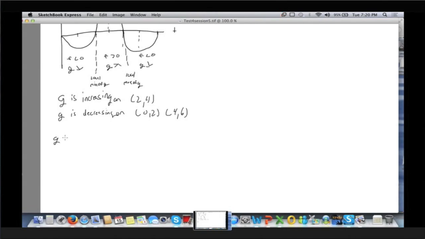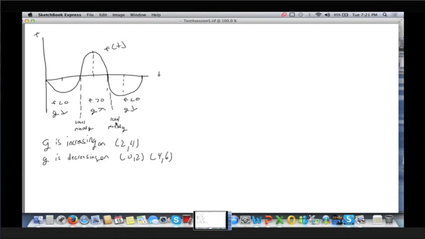Let's try to do the whole thing without scrolling so we can see the graph at the same time as we're doing our answer.